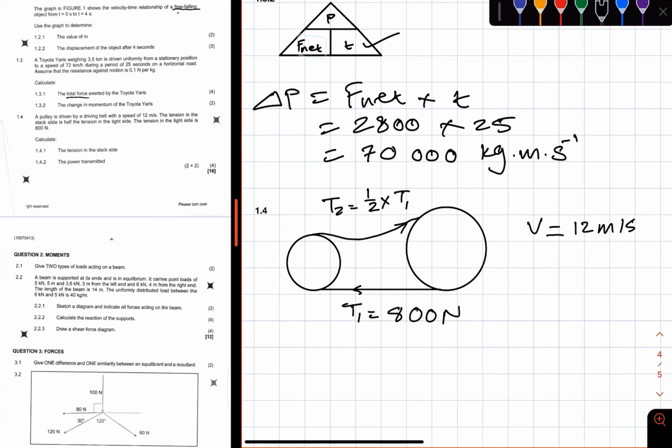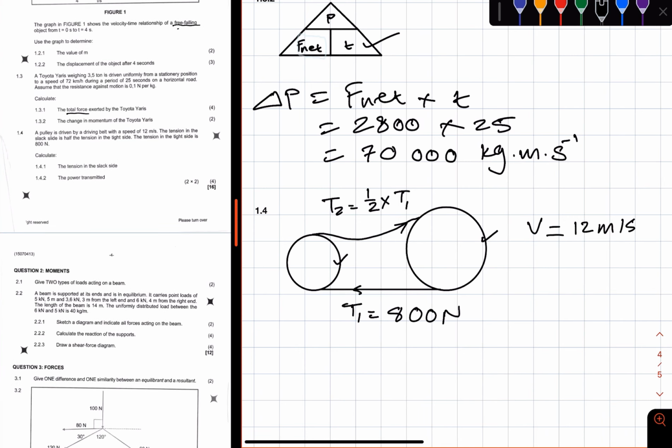On this side of the belt we have the tight side, and they said the tension in the tight side is 800 newtons, and that the tension in the slack side is half the tension on the tight side.